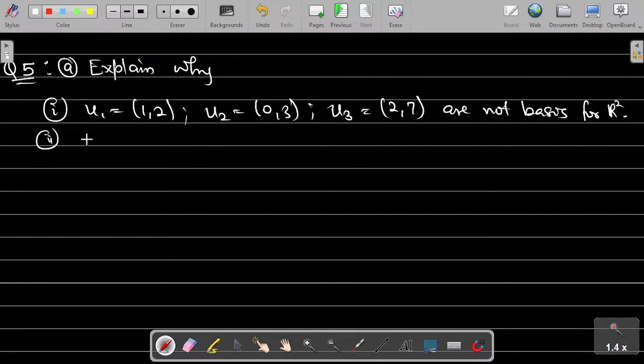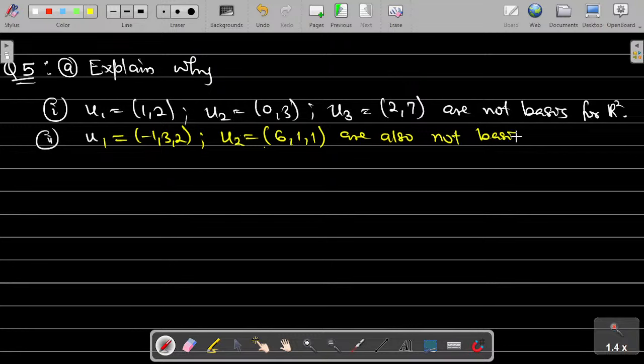So there we have u1 equal to (-1, 3, 2), u2 equal to (6, 1, 1), which are also not a basis for R3. Why are they also not a basis for R3?